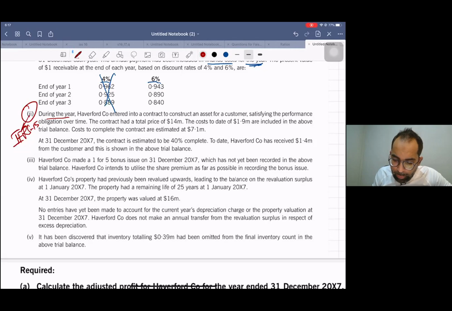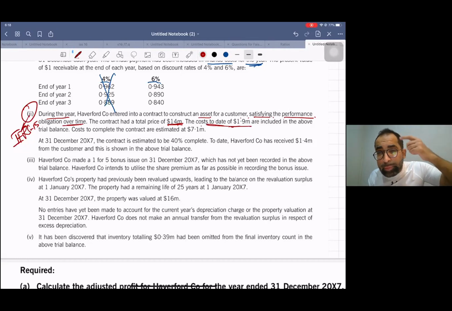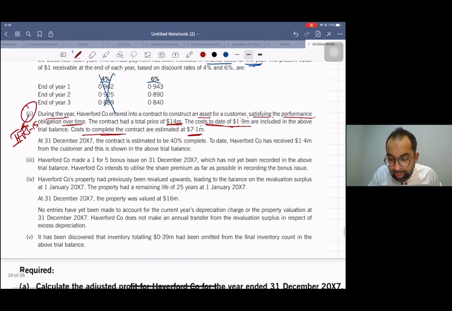During the year, Haverford Company entered into a contract to construct an asset for a customer, satisfying the performance obligation over time. The contract had a total price, total revenue, of 14 million. Cost to date means cost incurred to date, which is 1.9 million, and cost to complete is 7.1 million.